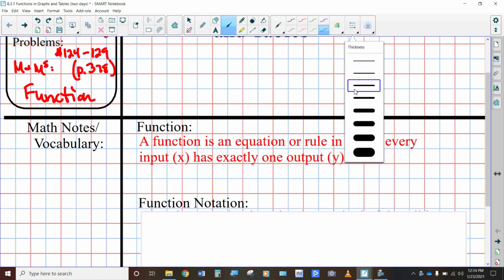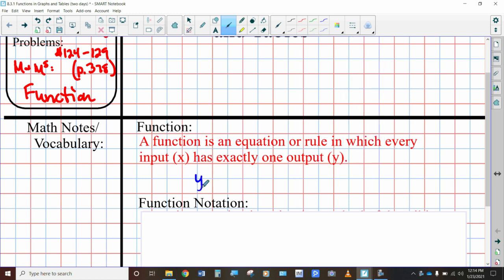If you think about any of those rules that we've been working on throughout the first semester and that we keep seeing pop up periodically in our homework, maybe like y equals 2x plus 5. This is an example of a function because when I plug in a value for x, say the number 2, 2 times 2 is 4, and 4 plus 5 is 9, you would get an output of 9.